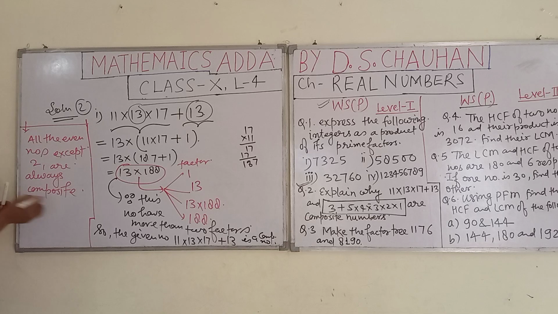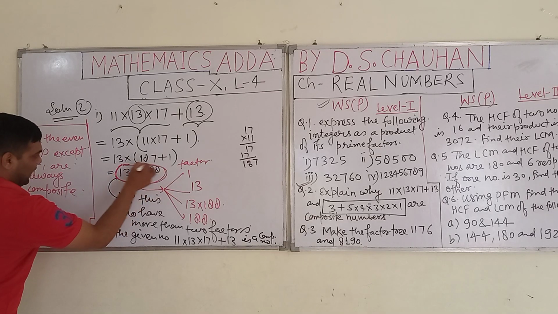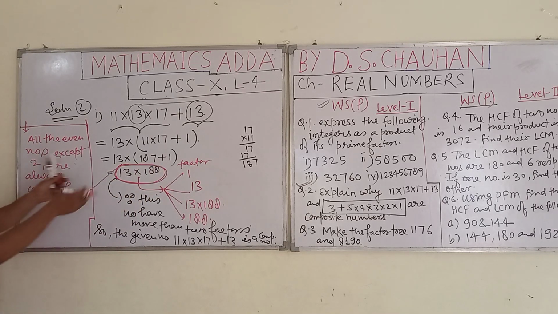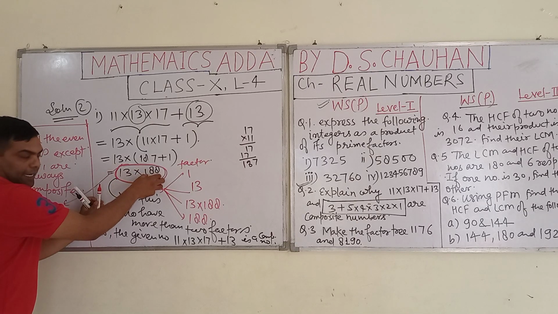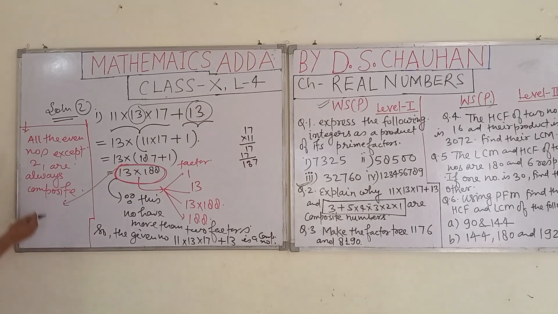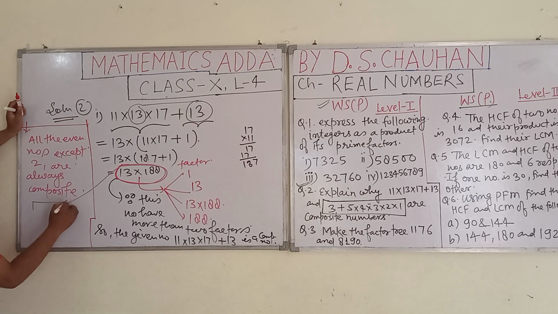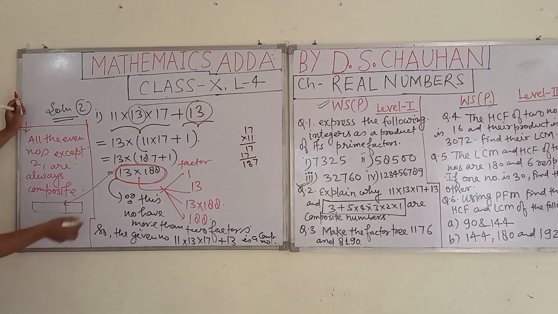So students, in this case, if you look at this number clearly, whenever you multiply 13 by 188, the unit digit of the number will be an even number. 8 threes are 24.